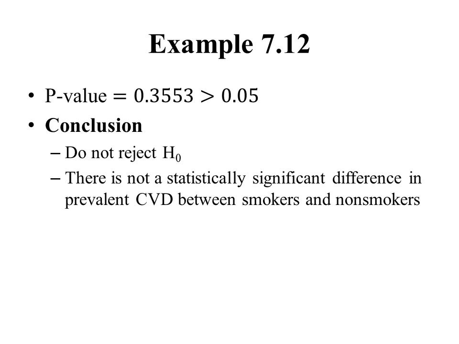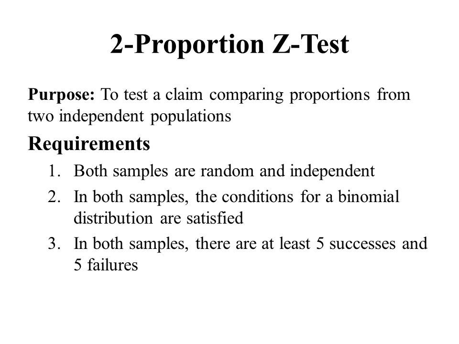Remember, the null hypothesis is the statement of no difference between these two populations in terms of their proportions. And so we would interpret this by saying that there is not a statistically significant difference in prevalent cardiovascular disease between smokers and non-smokers. In other words, our data do not support the claim of a difference. There just doesn't appear to be much difference. That may seem a little bit surprising, but that's what the data tells us.